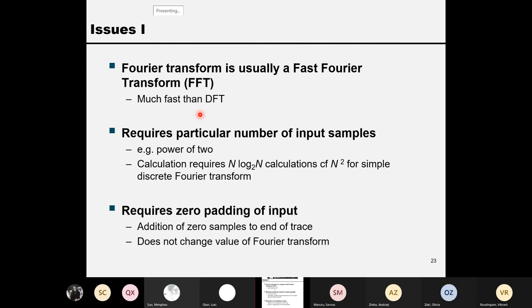In the first session, I said, for the DFT, when you have a time series, for example, if we have n samples, after Fourier transform you have n components in the frequency domain, right? That's the DFT.